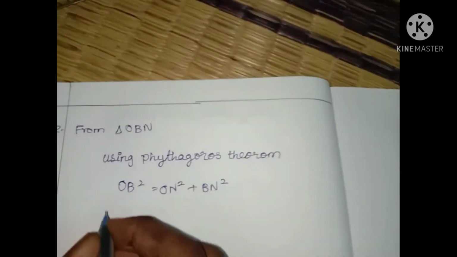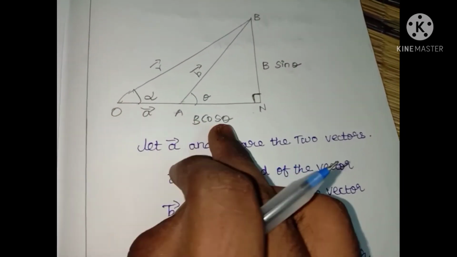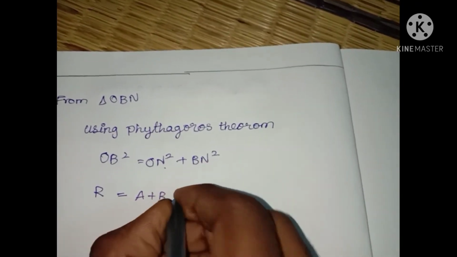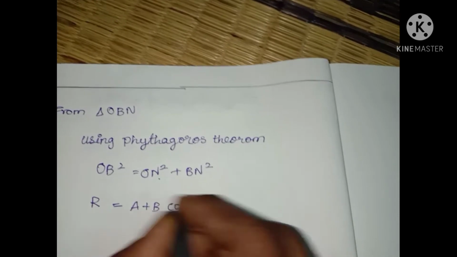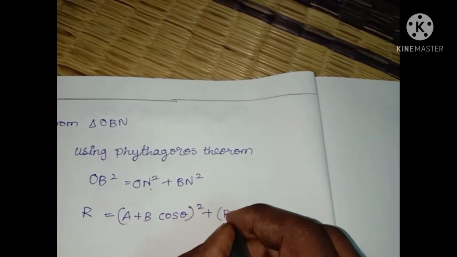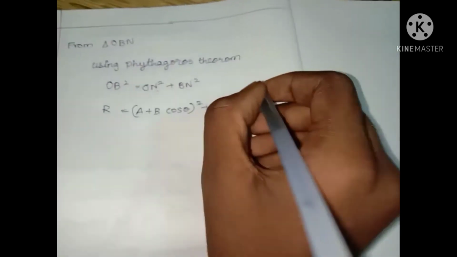OB squared is what? R. Put R squared is equal to ON square plus BN square. ON is A plus B cos theta, the whole square, and BN is B sin theta, the whole square.